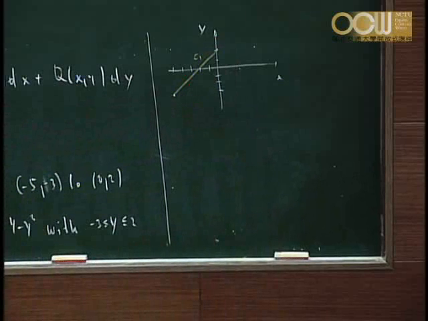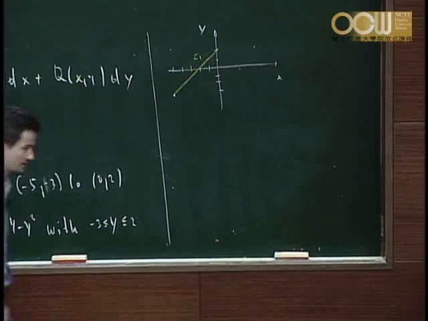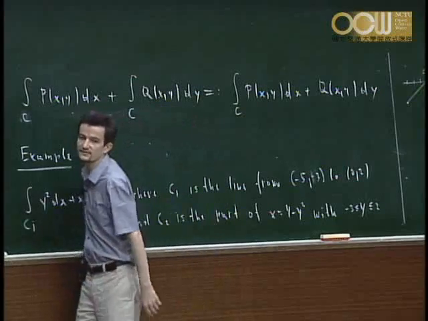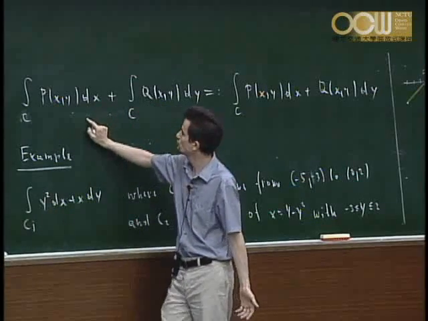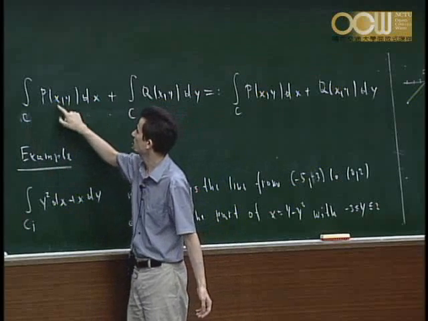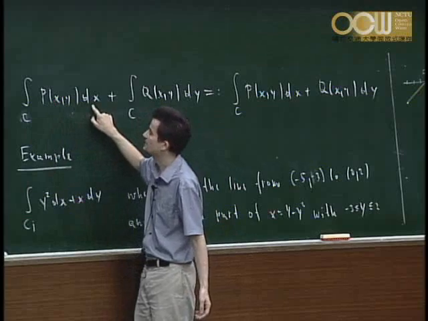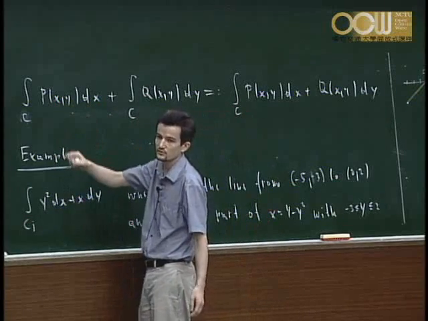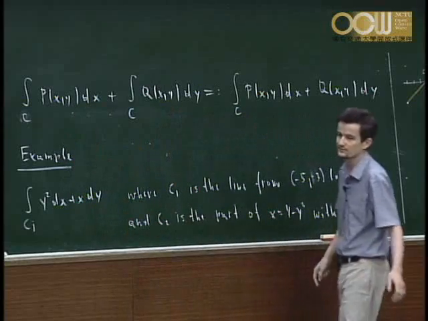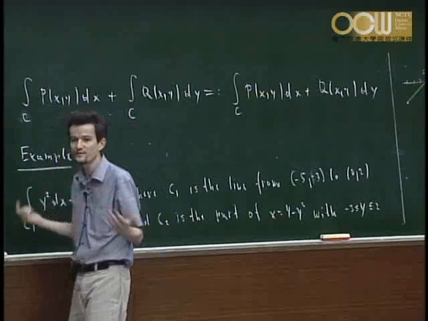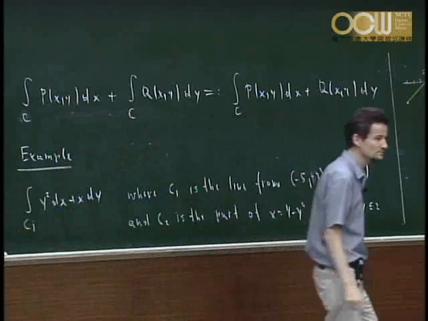Now, how do you compute this symbol? For this line integral with respect to x, if f is continuous, you have a similar rule. You first parameterize C, plug in the parameterization, replace dx by the derivative with respect to t times dt, and integrate over the parameter range. It's the way you would expect it. It's something you have to prove after you define it, but it's not very complicated to prove.